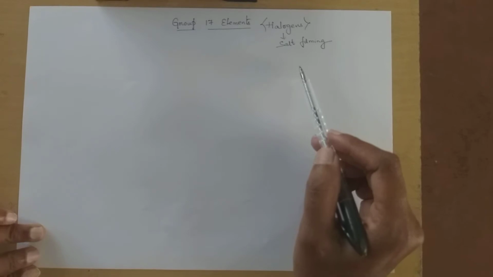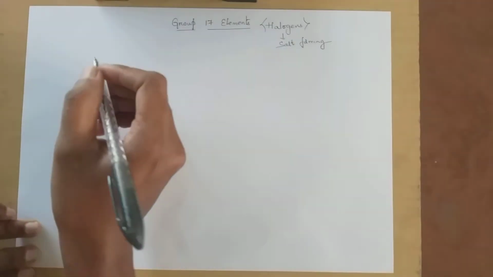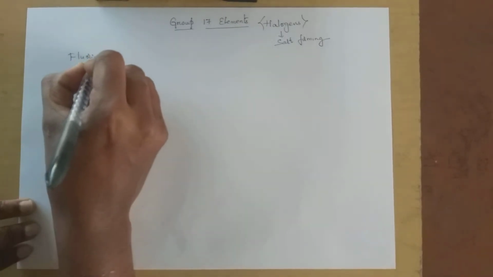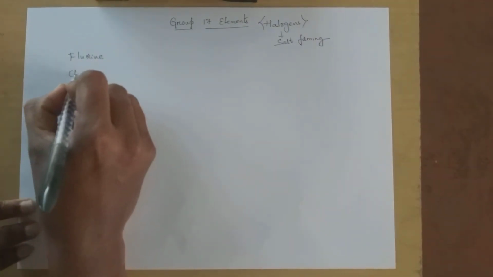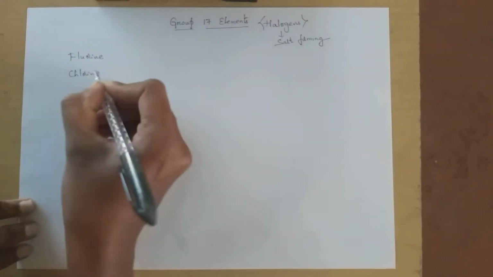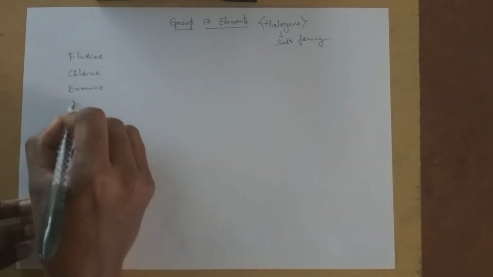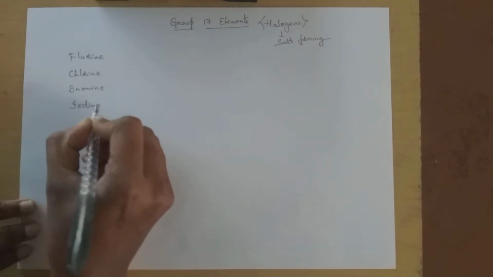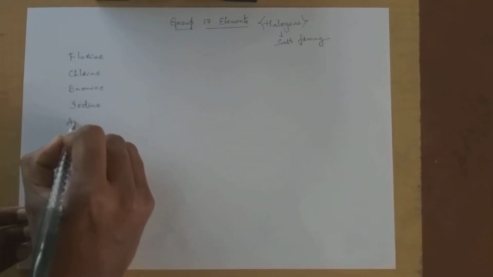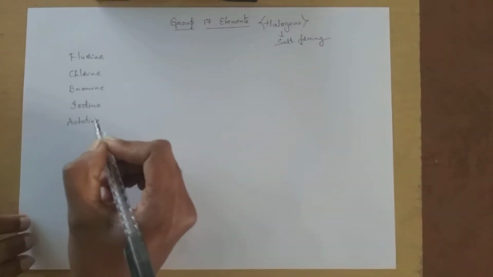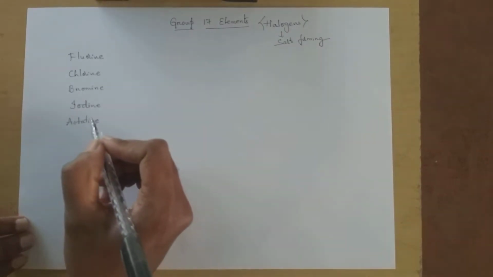So we have 5 elements in group 17, that is fluorine, chlorine, bromine, iodine and astatine. Okay, so these 5 are the elements present in group 17.